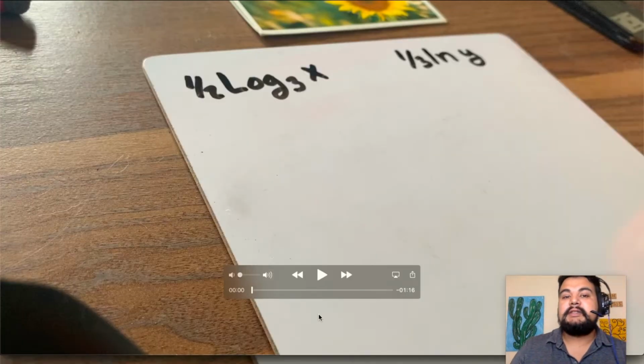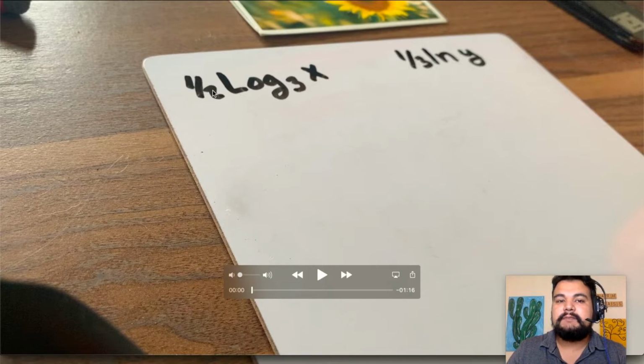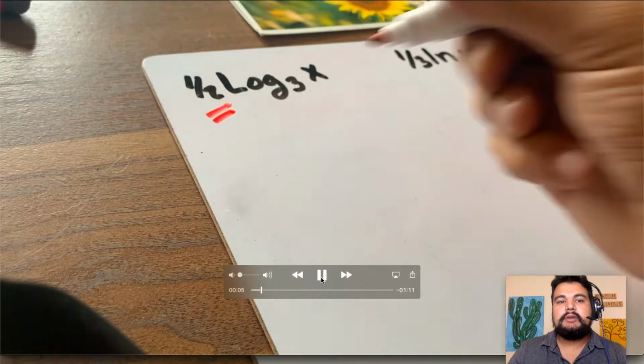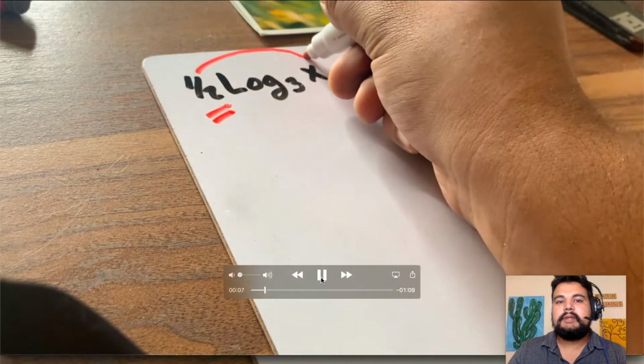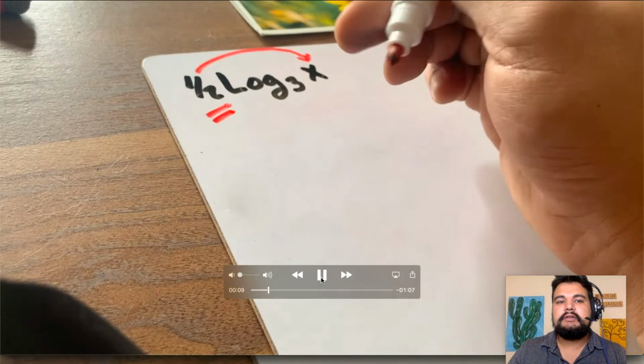Okay, let's talk about something special. What happens if the number in front of the log is a fraction? Well, a few things are going to happen. We're still going to follow the power rule. The power rule says move that 1/2 to the power. So 1/2 becomes the power of x.